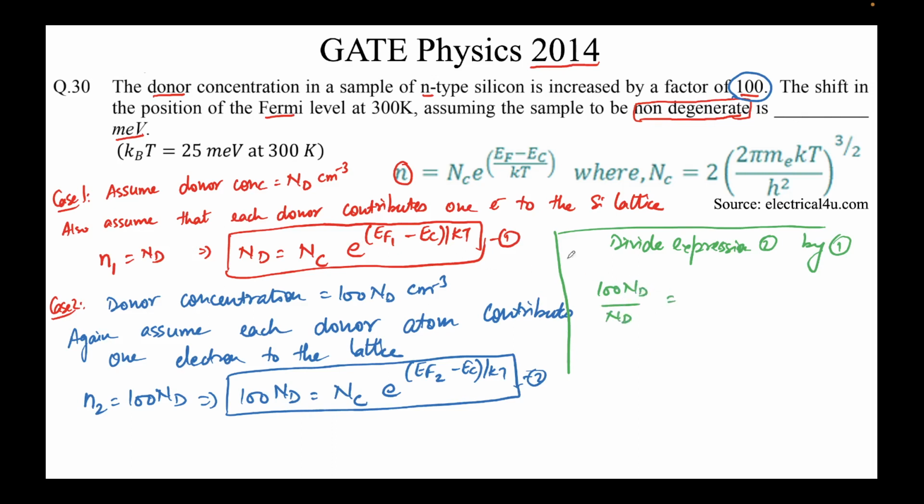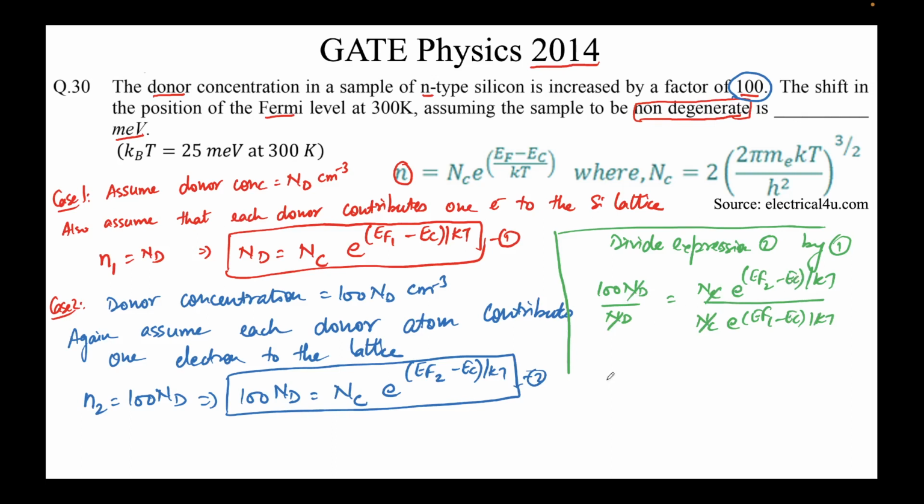This will be equal to, the RHS for expression 2 is Nc times exponential of (EF2 minus EC) over kT, and the RHS for expression 1 is Nc times exponential of (EF1 minus EC) over kT. Okay, Nd and Nd get cancelled, Nc gets cancelled, EC and EC get cancelled.